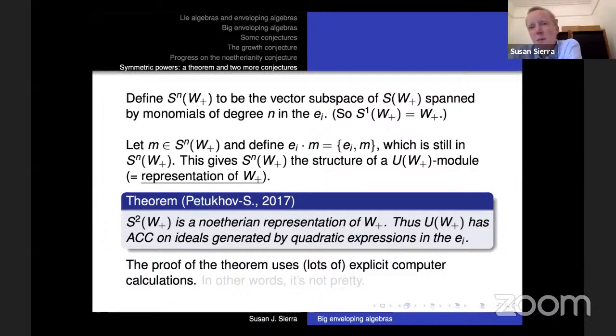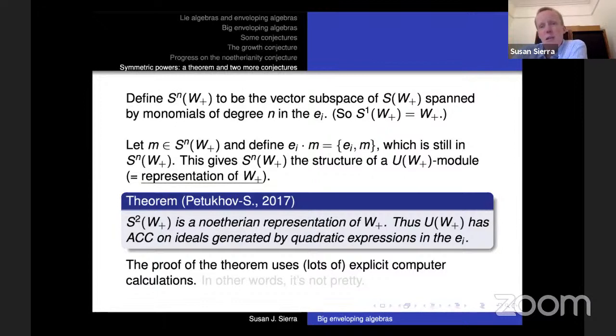So S1 of W plus is just W plus, right? It contains things like E1, E2, E7. S2 of W plus contains things like E1 E2, E4 E5, etc. Now, if I take an element M of Sn of W plus, then I can make the Witt algebra act on it by defining Ei applied to M to be the Poisson bracket of Ei with M. When you work this out, this is still something that's in Sn of W plus.